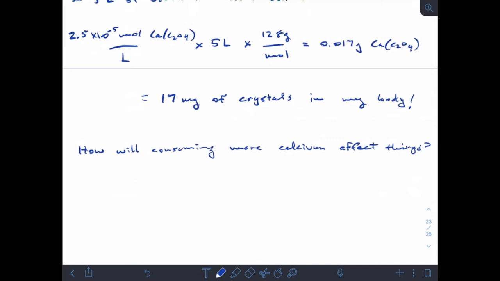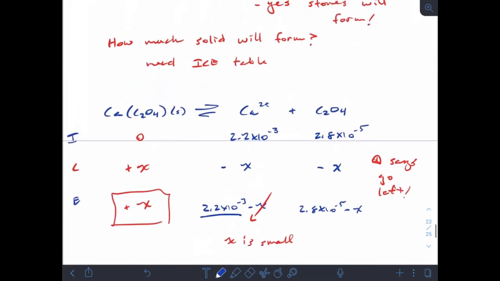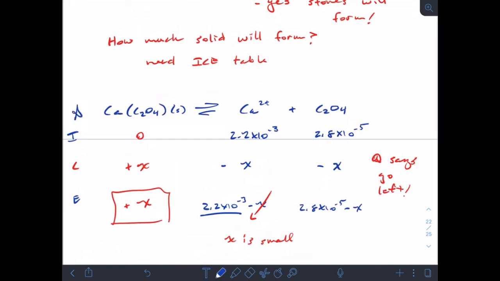Right? So drinking more milk, for example. Right? Let's use Le Chatelier to answer that question. Let's take a look at our equation. Right? Here's our dissolution equation. So if I increase the amount of calcium in my body, that shifts the equilibrium left and makes more solid. Right?